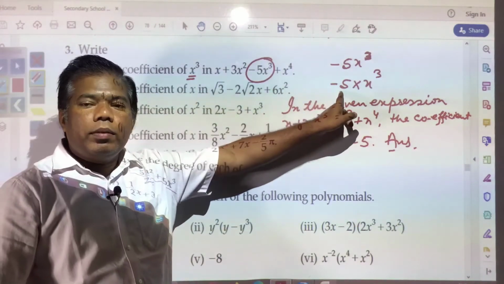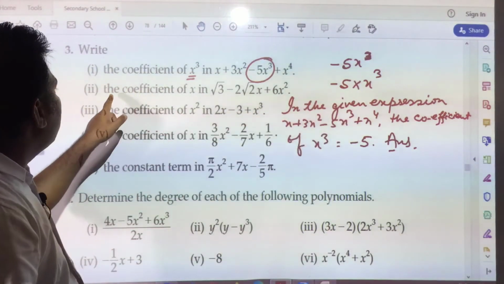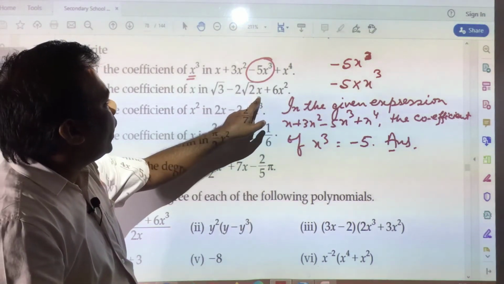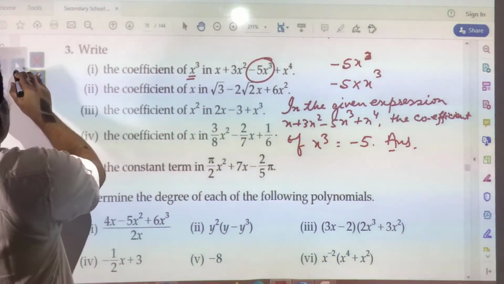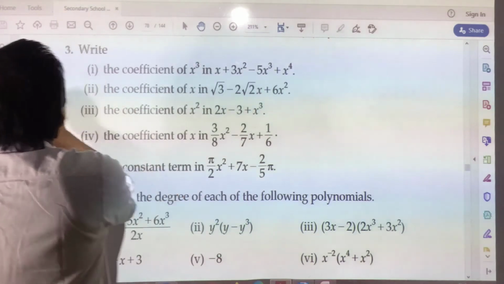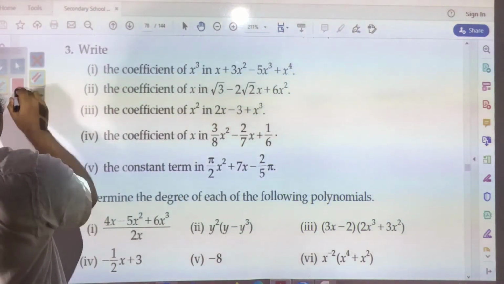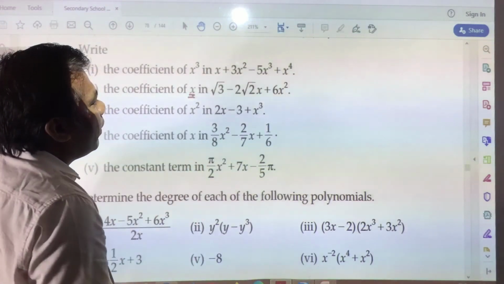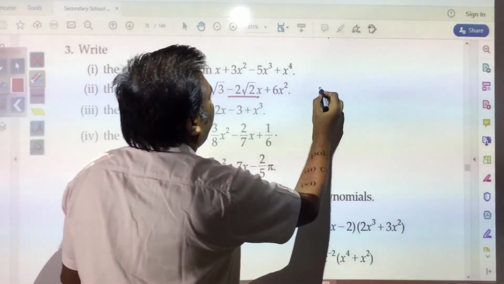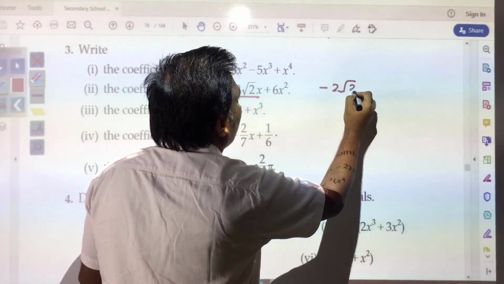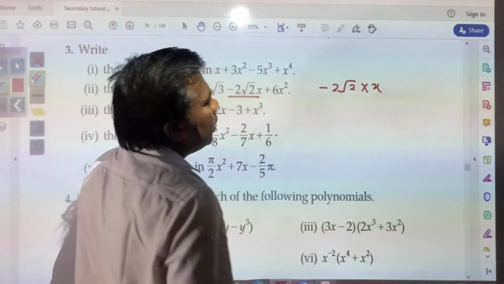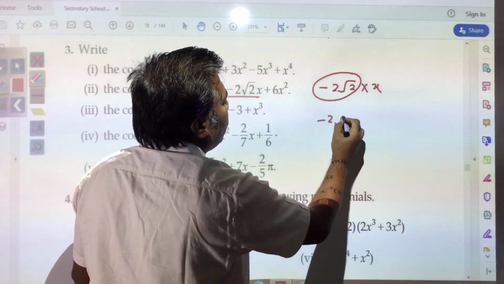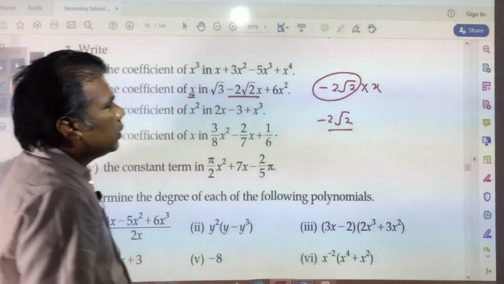Next you see the coefficient of x in root 3 minus 2 root 2 x plus 6 x square. You need to find the coefficient of x. Here minus 2 root 2 into x can be written, so the coefficient of x is minus 2 root 2. This will be your answer.